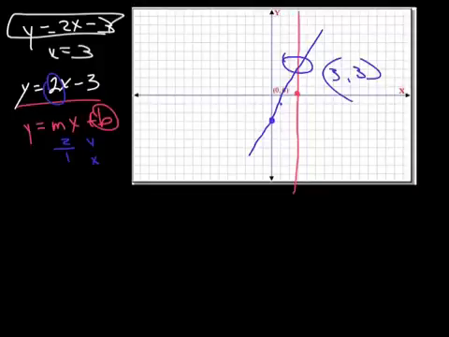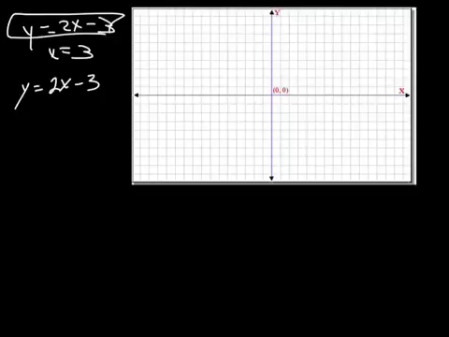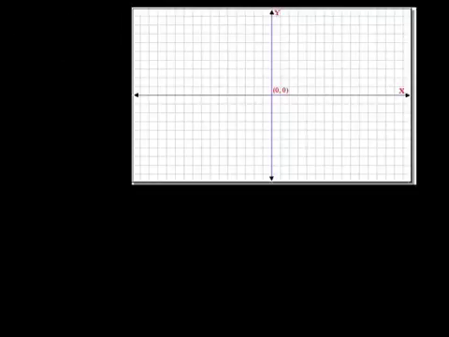Okay, so let's look at example 4. Example 4 says y equals x minus 2 and y equals x plus 1.